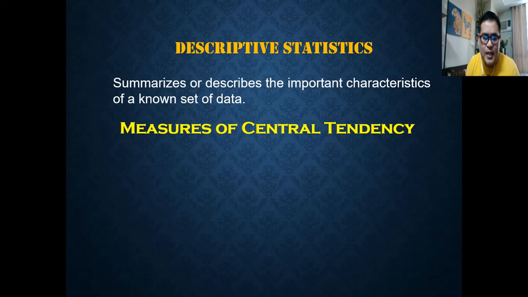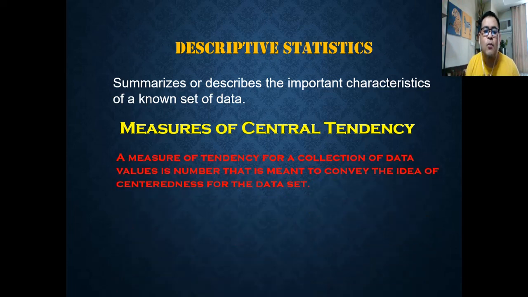As I've said, we'll be focusing more on the measures of central tendency as part of descriptive statistics. A measure of central tendency is a measure of tendency for a collection of data values.